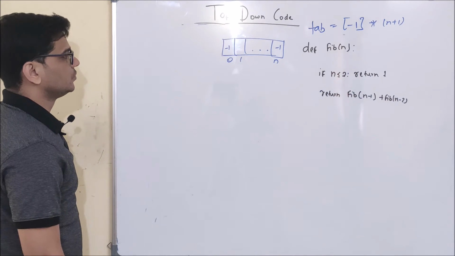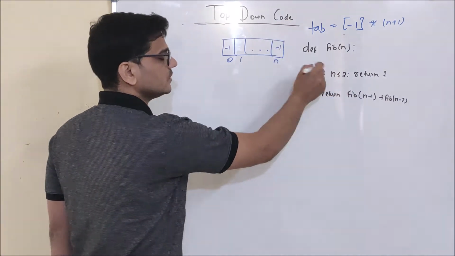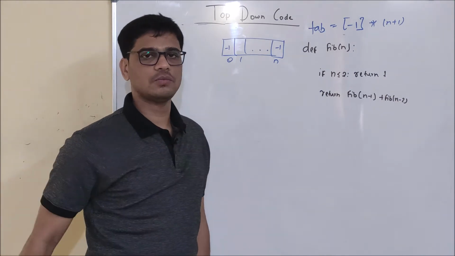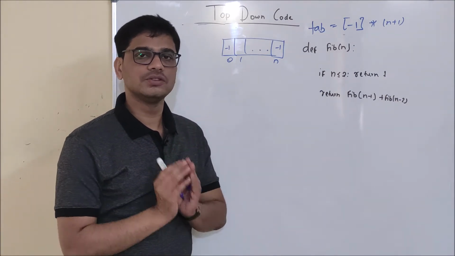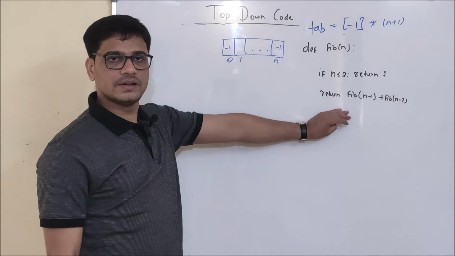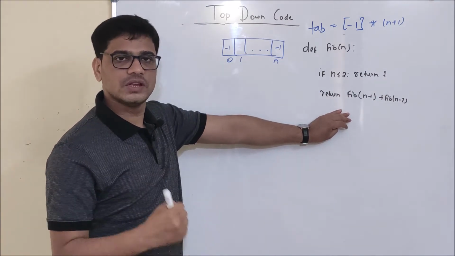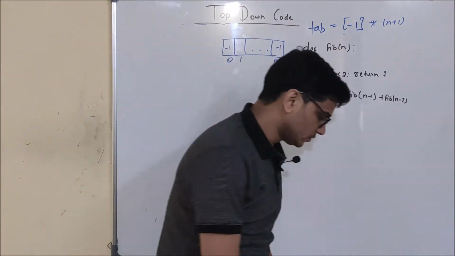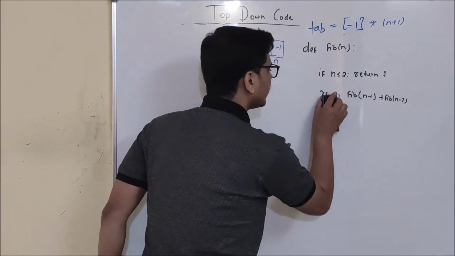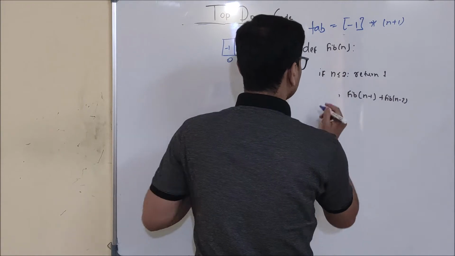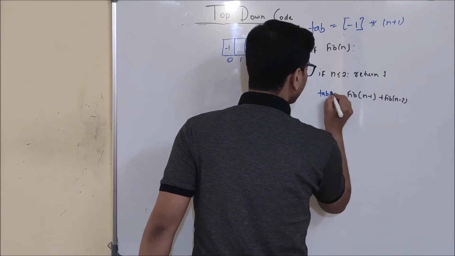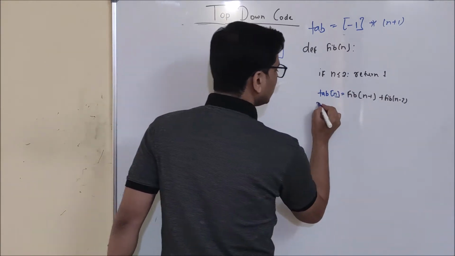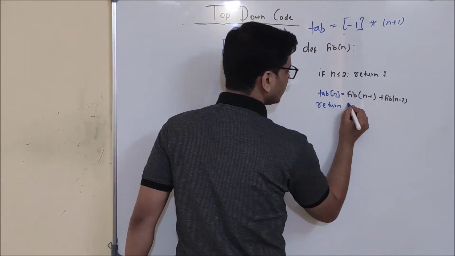Now we are going to modify this recursive code and transform it into top-down code. To do that, wherever we are returning, we just need to save the value before returning, and in the next line we return it. Here I am returning, so before returning I will update tab of n, and in the next line I will return it.